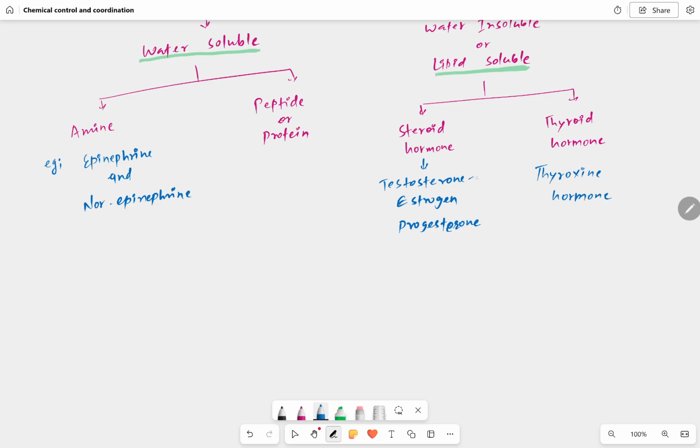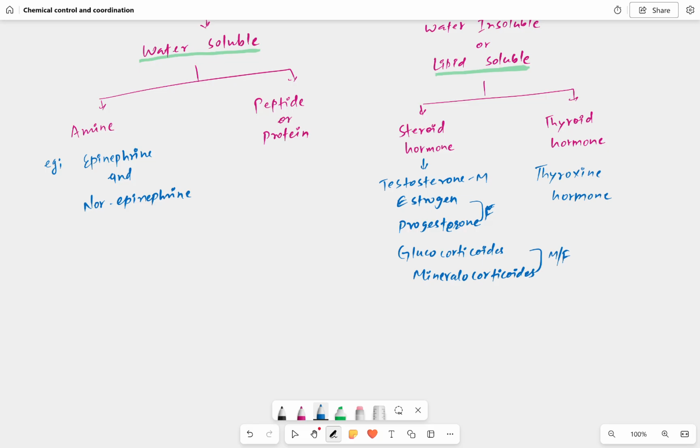These are in males, these two are in females, and these two, glucocorticoids and mineralocorticoids, are hormones found in both male and female.